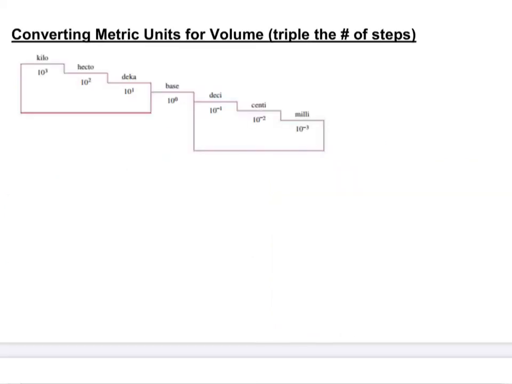All right. And then there's converting. This is the same converting table we used before. To convert in the metric system, you just jump to the right. But for volume, we triple the number of steps, because volume is cubic units, right? Cubic meters or cubic millimeters or cubic kilometers. So you have to triple the number of steps.